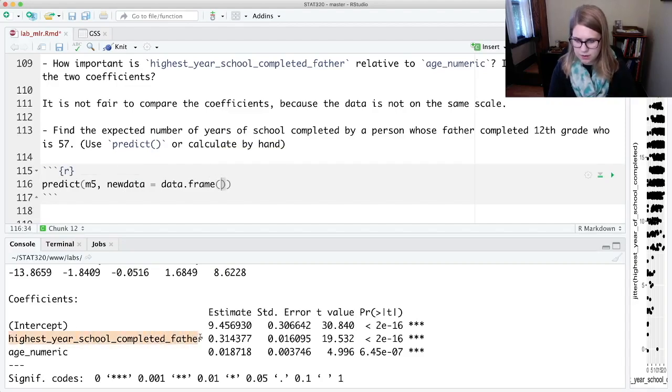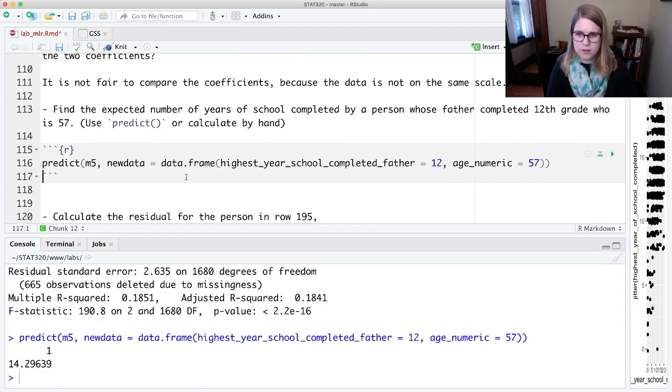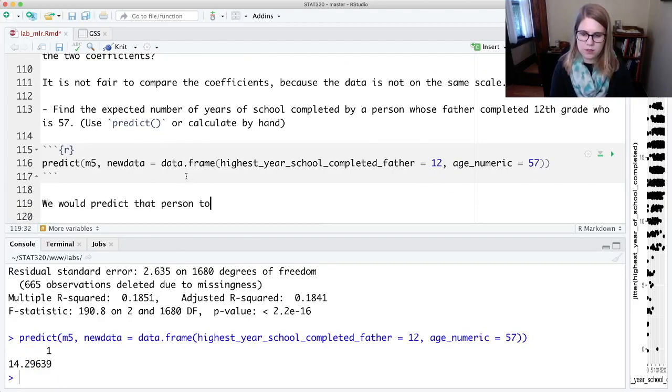So I'll put this in by copying. It's equal to 12, and age numeric is equal to 57. So we would predict that person to have completed 14.29, 14 years of school.